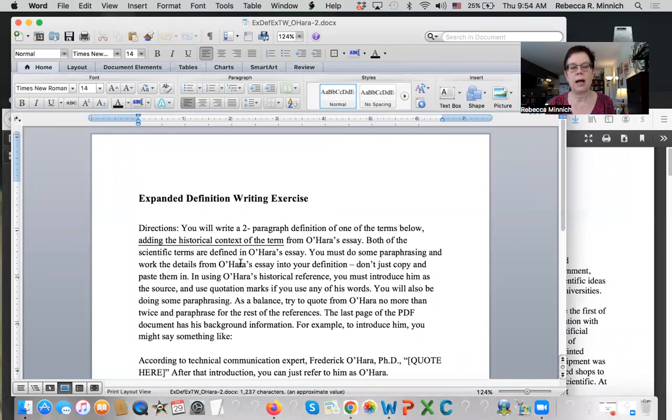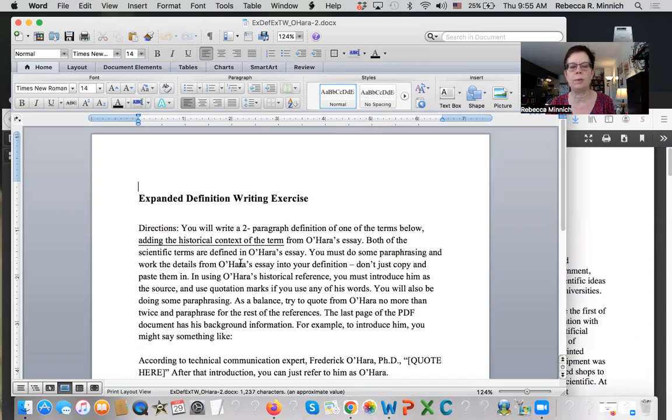Now, I would say about 2/3 of you did a great job on this, but there were more than a couple, enough that it concerns me, who seemed to think that this was a summary exercise, or didn't quite get the idea of what it means to write a definition. And so those were the people that got less than 50%.